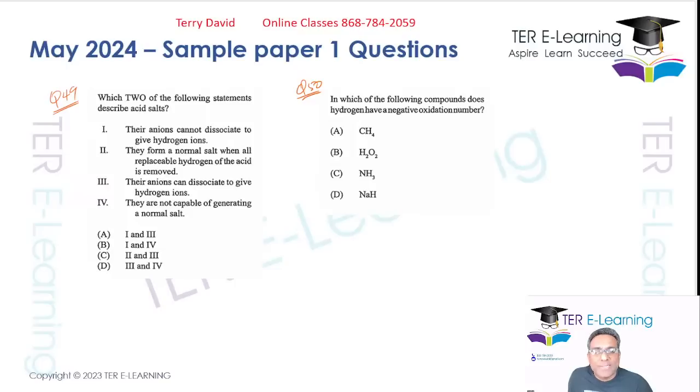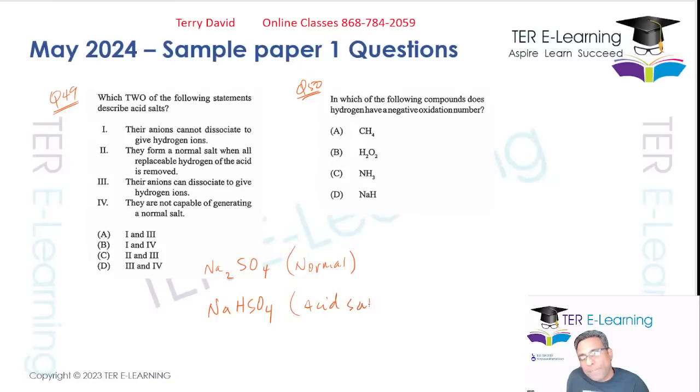Right, so 49 has seen a lot of C's. Let's see if that's making sense. When it comes to an acid salt, for those of you who don't know, we have two kinds of salts. We have normal salts. So if you have something like Na2SO4, that's a normal salt. But if I have something like NaHSO4, that's an acid salt. So this is a normal salt, and this here is an acid salt.